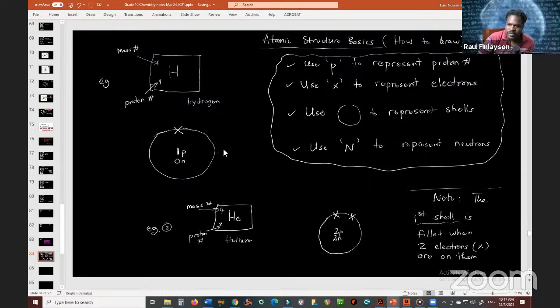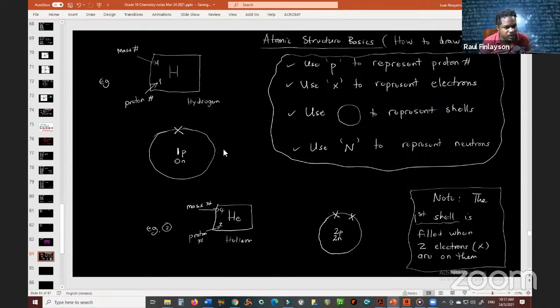Again, as I was asking about the first crib or the first bed that you lay in when you were 1 or 2 years old, those things were small. Once you pass that age, you're going to be looking for something bigger. That's why the other rule says that if the first shell can hold up to 2, the second shell can hold up to 8.